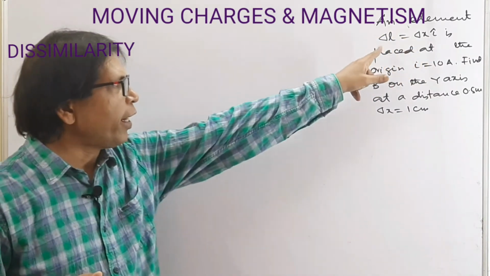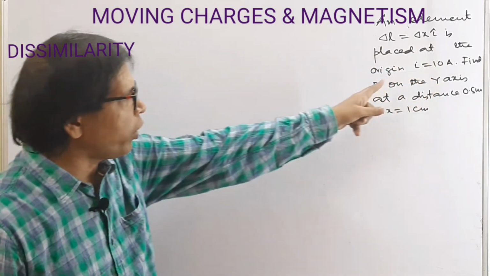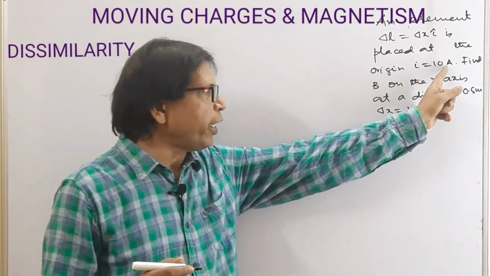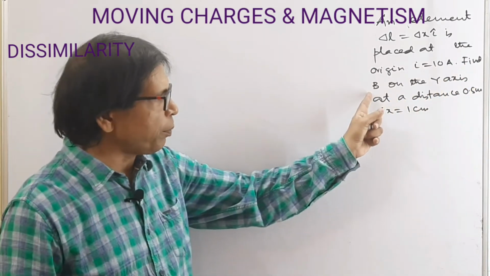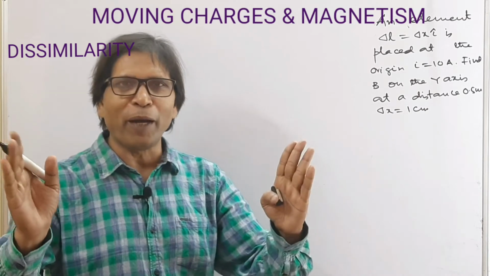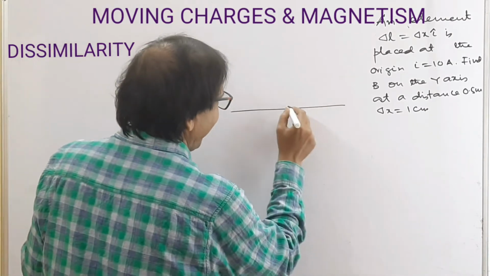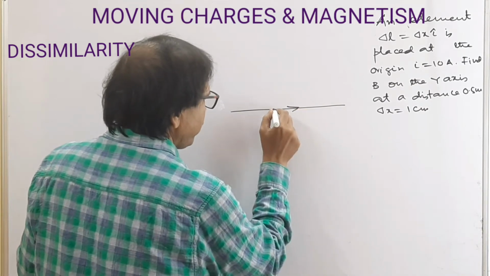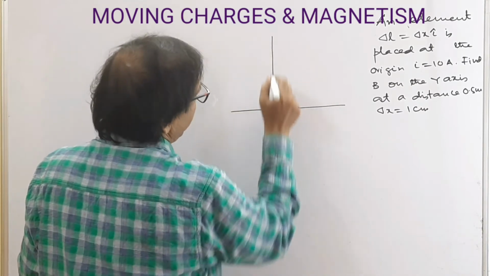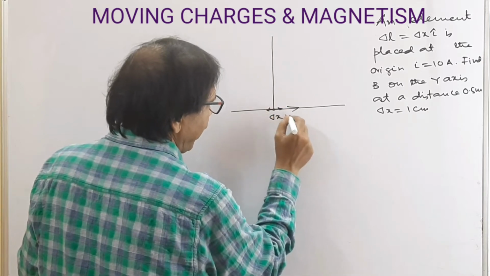An element delta L equal to delta x i cap is placed at the origin, I equal to 10 ampere. Find the magnetic field on the y-axis at a distance of 0.5 meter. Now look at this. This is the x-axis, this is the origin, and this is the current element delta x i cap.